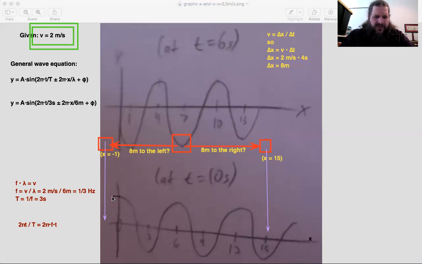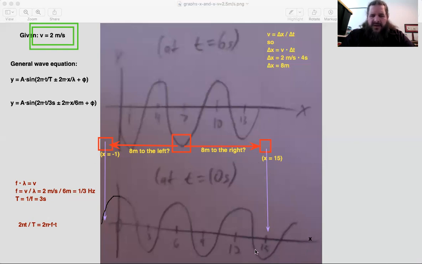If you just continue this, I'm guessing that would probably hit equilibrium at -1 or somewhere near equilibrium. Probably not quite to equilibrium because the wavelength is 6, so it's not actually going to hit equilibrium, but definitely not a trough. But there is clearly a trough at x equals 15.